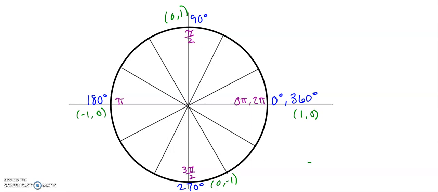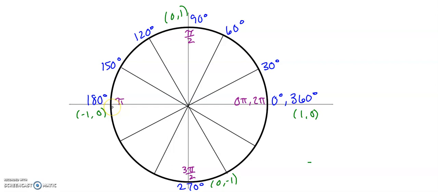All right, so I think it's always easiest to start with degrees. Now here, this went from 0 to 90, and now we cut this up into 3 different pieces. So if I do 90 divided by 3, that gives me 30 degrees. So this first section is going to be 30 degrees, and I'm going to continue to add 30 degrees all the way around. So 30, 60, 90, 120, 150, 180.